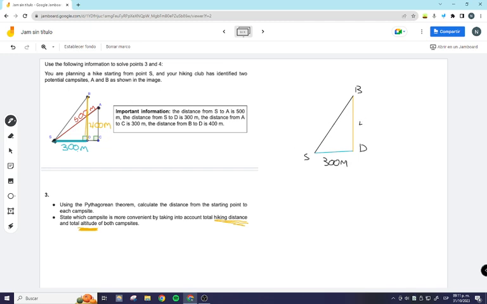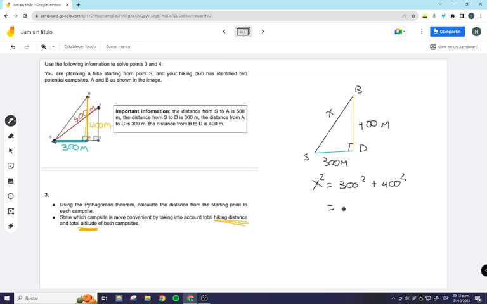This is 400 meters. And this is x, or whatever variable you want to call it. Let's find it. Since this is a right angle triangle and this is the hypotenuse, x squared is going to be 300 squared plus 400 squared.